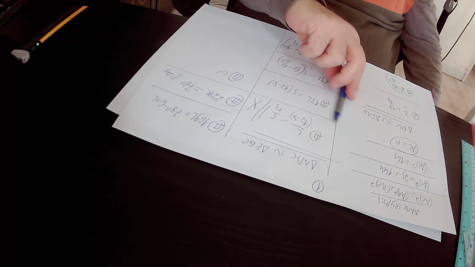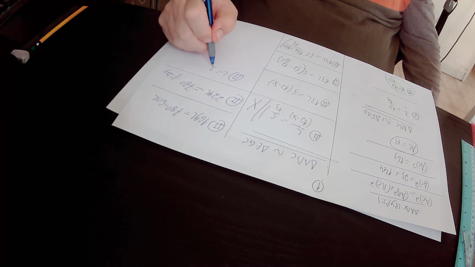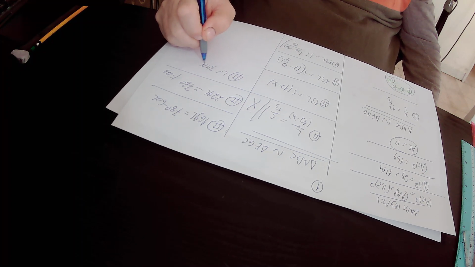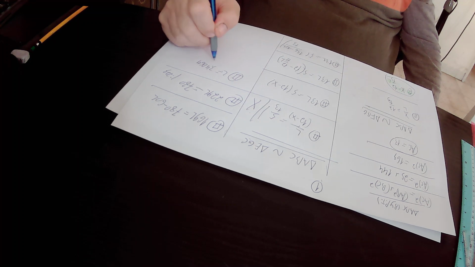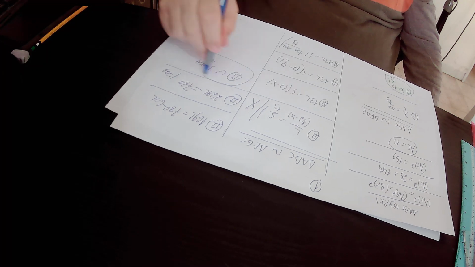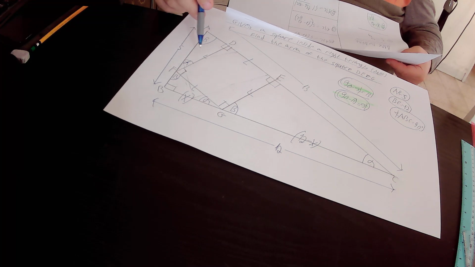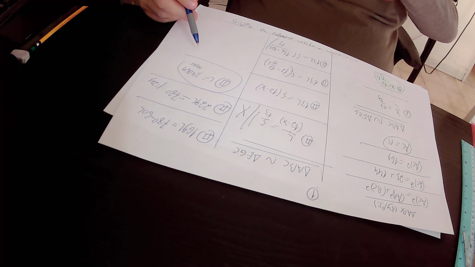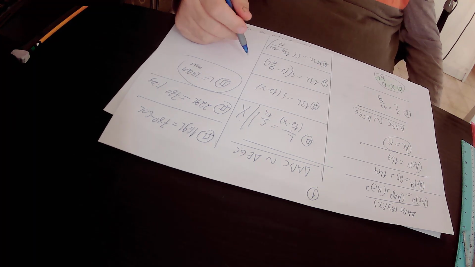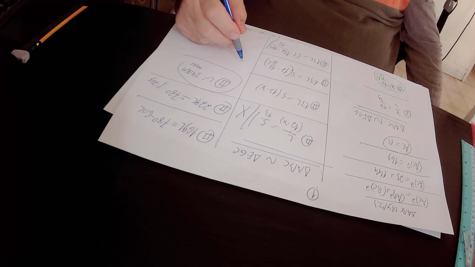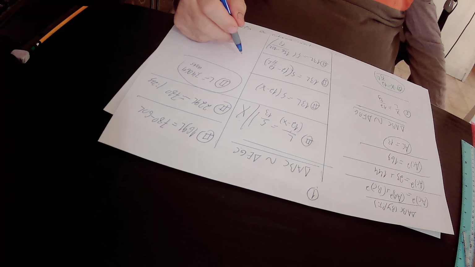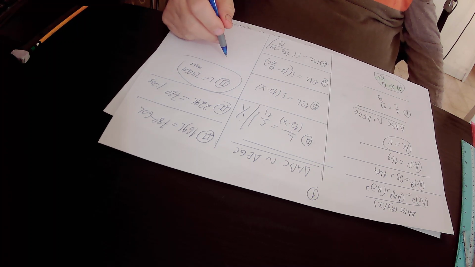780 over 229 is equal to 3.4061 units. That is to say, the length of one side of this square DEFG is equal to 3.4061 units. And we know that the area of any square equals the multiplication of one side by itself.